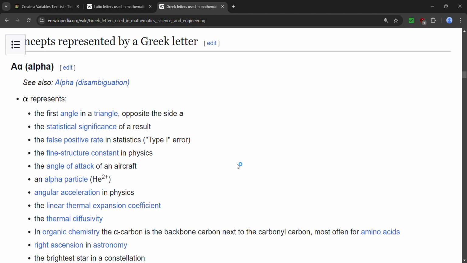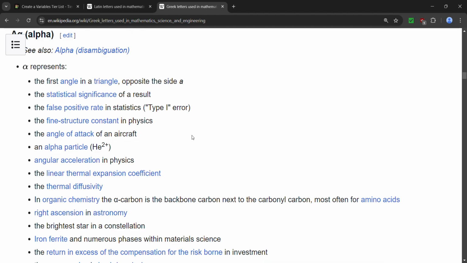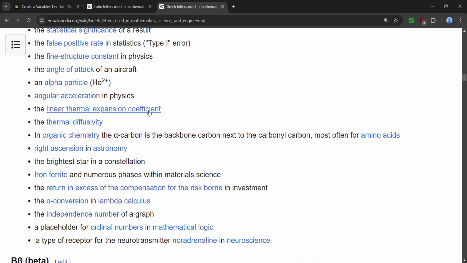False positives are interesting. Alpha particles, okay. Thermal expansion coefficient, diffusivity. Okay, cool. There's a lot of stuff here. And none of them, I'm not gonna lie, none of them are huge. None of these are really blowing my socks off.